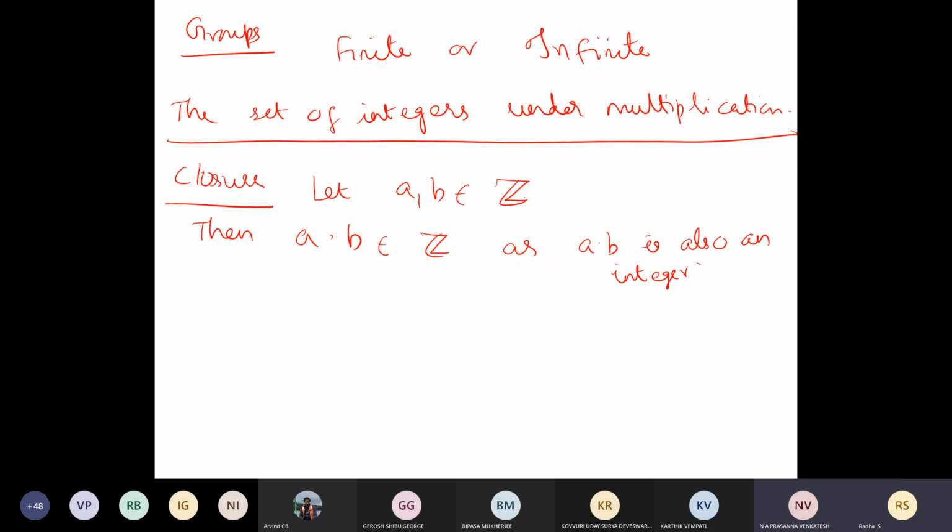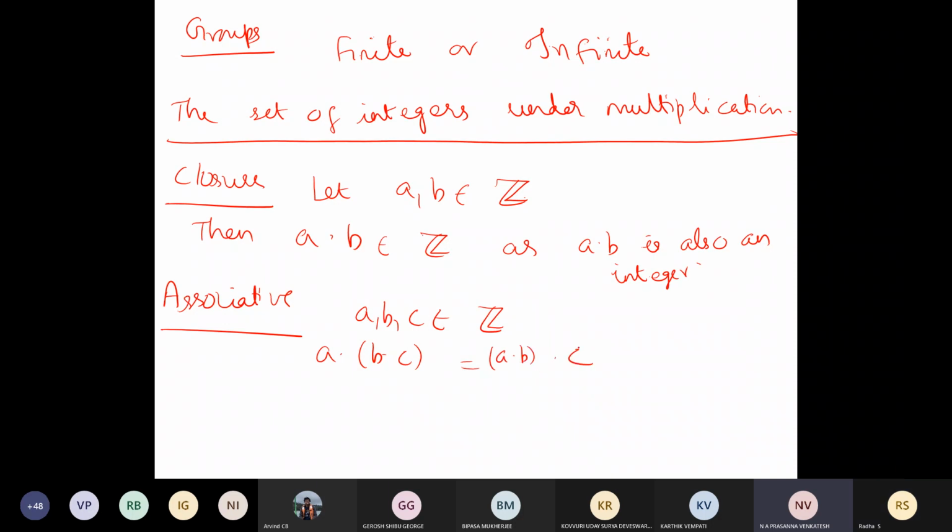Obvious, right? Associative. What can you say about the associative property? If I take three elements, will that satisfy the associative property randomly? Yes, of course, ma'am. Because just now I told you, the operation multiplication is always associative for all. Okay. Identity.